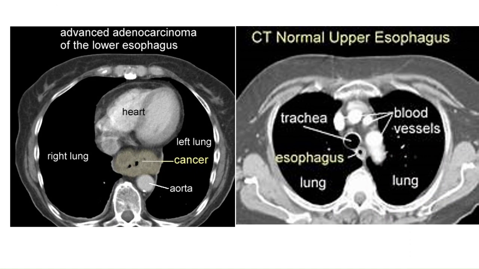Here we have a comparison between a normal esophagus and a problem with the esophagus. So let's ask questions and find out where is the abnormality. Where is the loss of normal features of the esophagus?